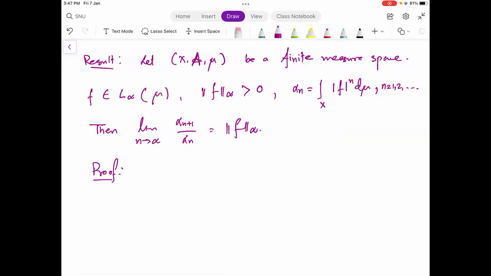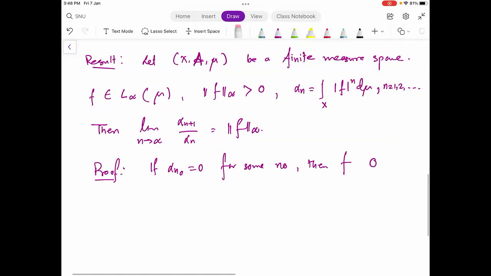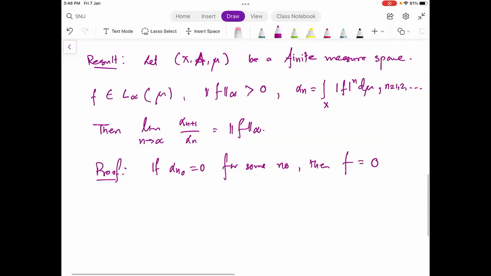Okay, first of all, note that if alpha n0 equals 0 for some n0, then f is 0 almost everywhere. Because mod f to the power n is a non-negative function and mu is a positive measure. All these measures are positive measures only.